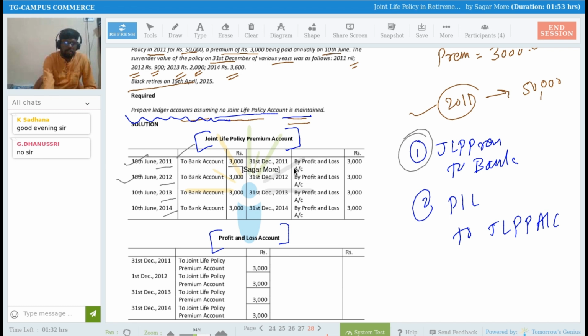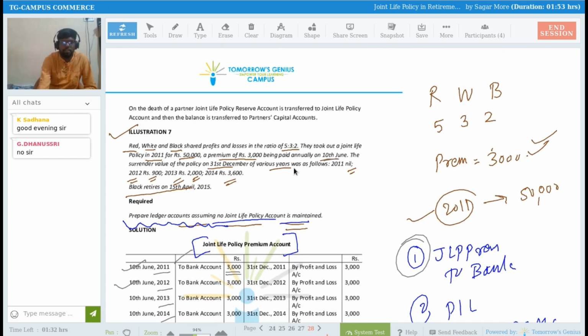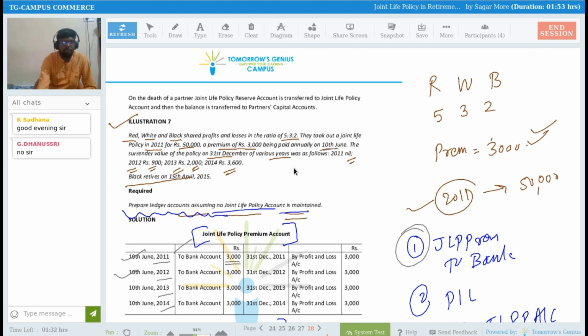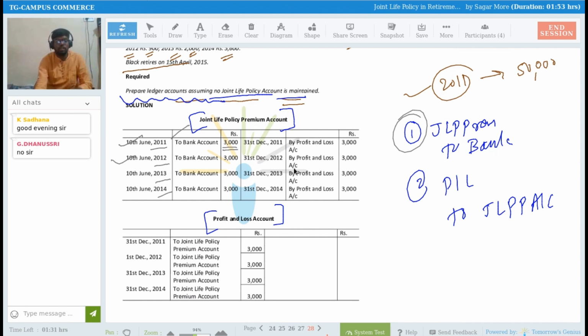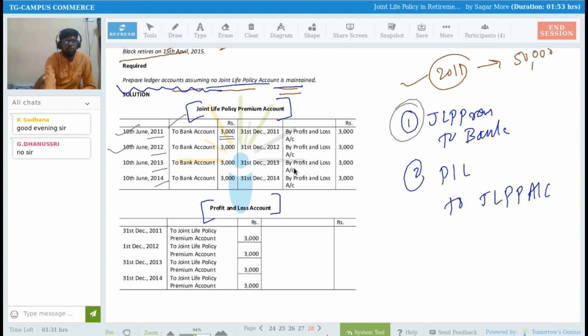So after making payment of rupees 3,000, at the end of the year, that is in this case, what is the end of year? 31st of December or 31st of March? 31st of December, right? See here, the surrender value of the policy is on 31st of December. So year end is 31st of December. So on 31st of December, I need to transfer that towards profit and loss account.